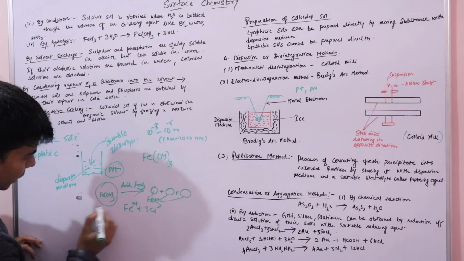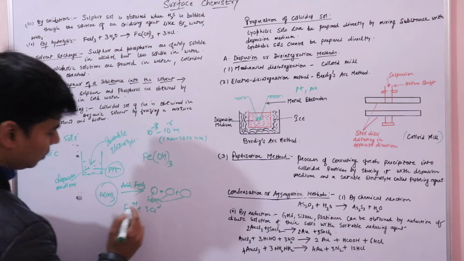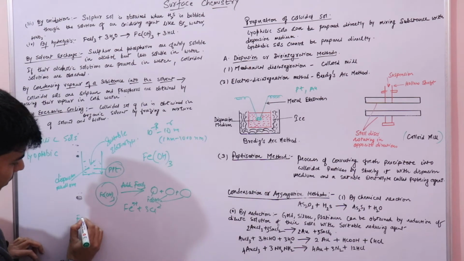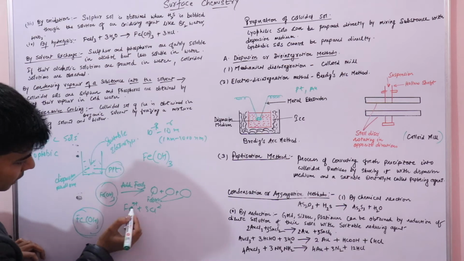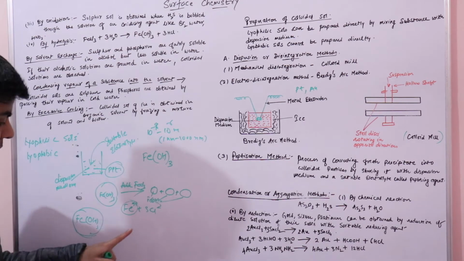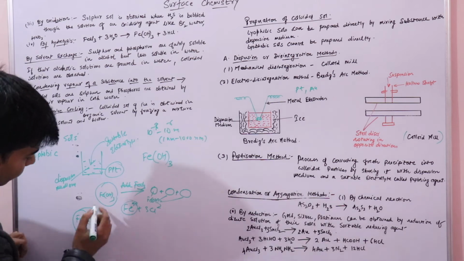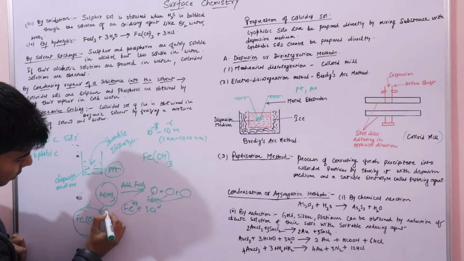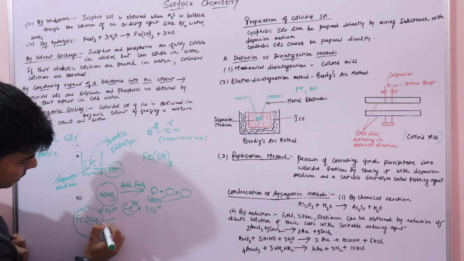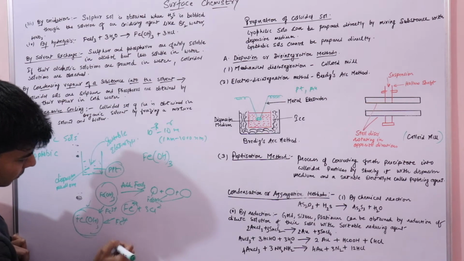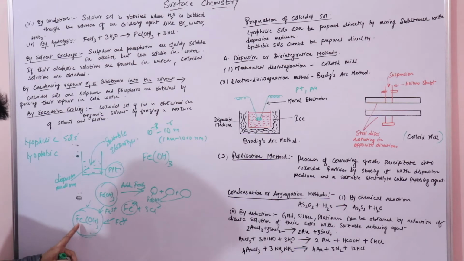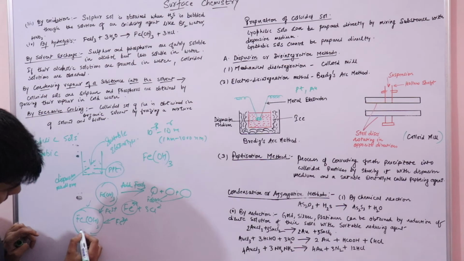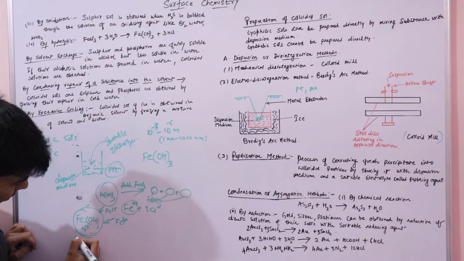What this Fe(OH)3 will do, this Fe(OH)3, will adsorb these ferric ions, right? And if you just look at the formula of ferric hydroxide, it also has ferric ions, right?